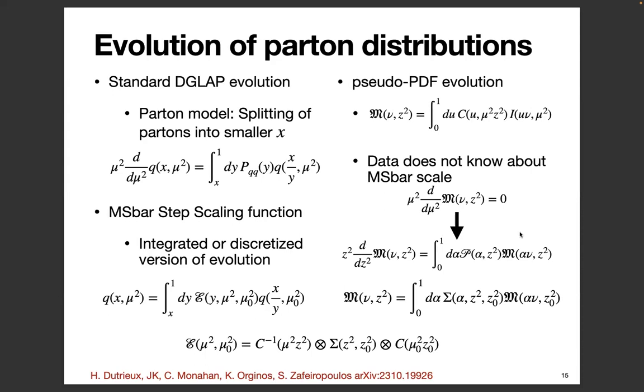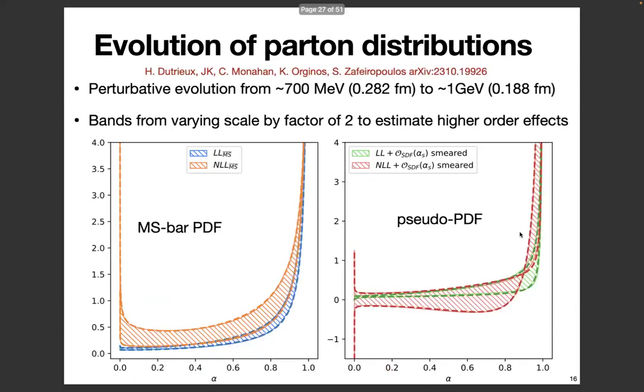And it's these two integrated evolution functions, or step scaling functions as we're calling them, lattice QCD has a similar idea. They're related to each other by some convolutions with these kernels and the inverse of this matching kernel. So what we want to try to do is understand this evolution of the pseudo-PDF.